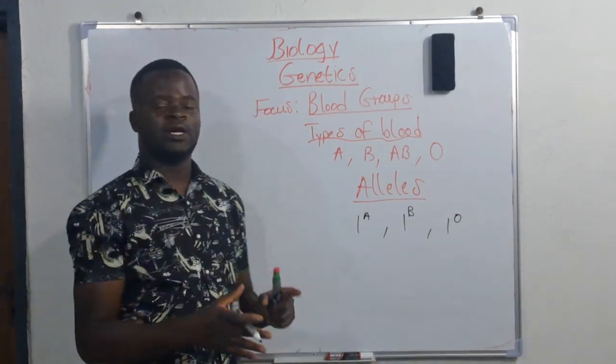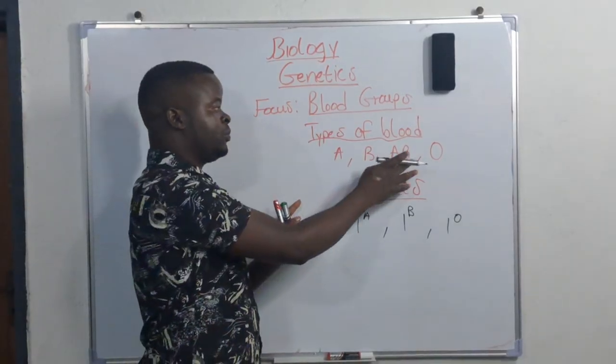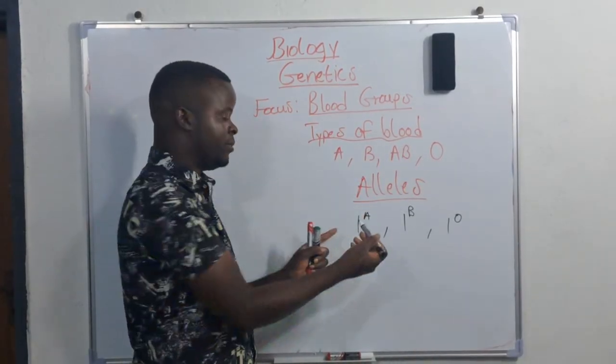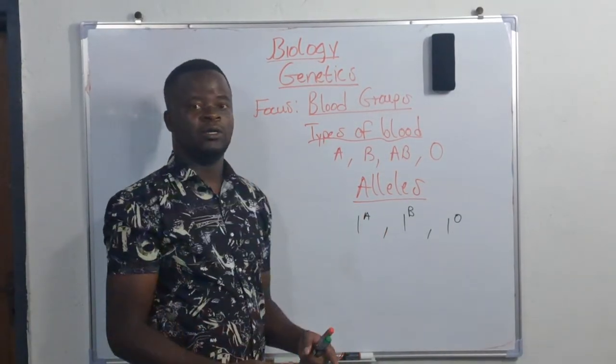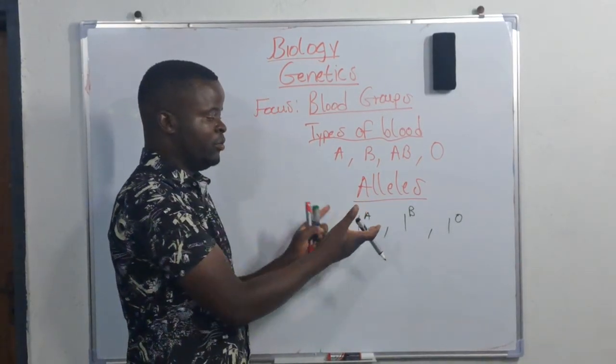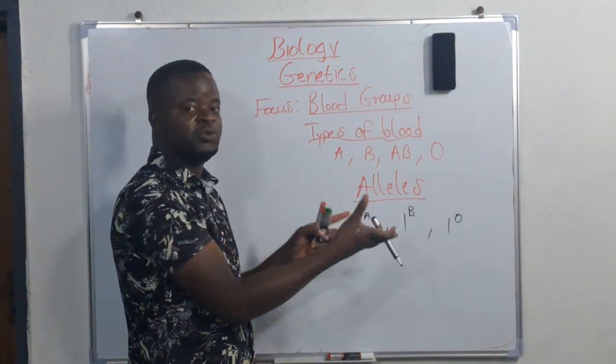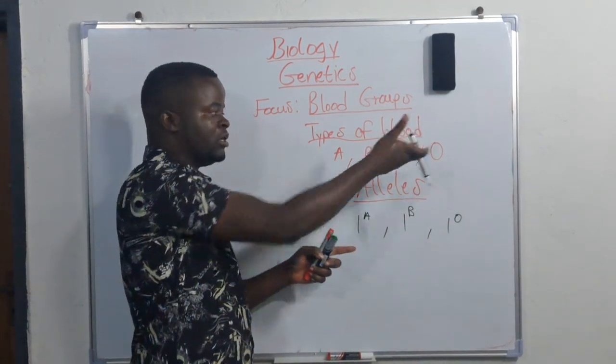These are specific alleles pertaining to all the blood groups. Blood group AB can be formed by these two codominant genes. So in terms of alleles, we have IA, IB, IO.